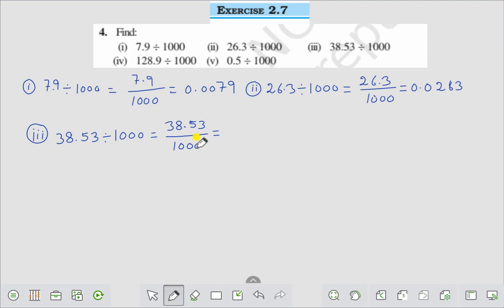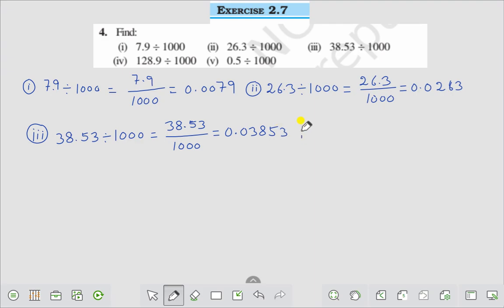That means you have to shift the point 3 digits to the left side. That is 1, 2 and 1 more. That can be written as 0.03853. Here you see the point was here, right? To divide by 1000, you have to shift the point 3 places to the left side, or 3 digits to the left side. 1, 2, 3.